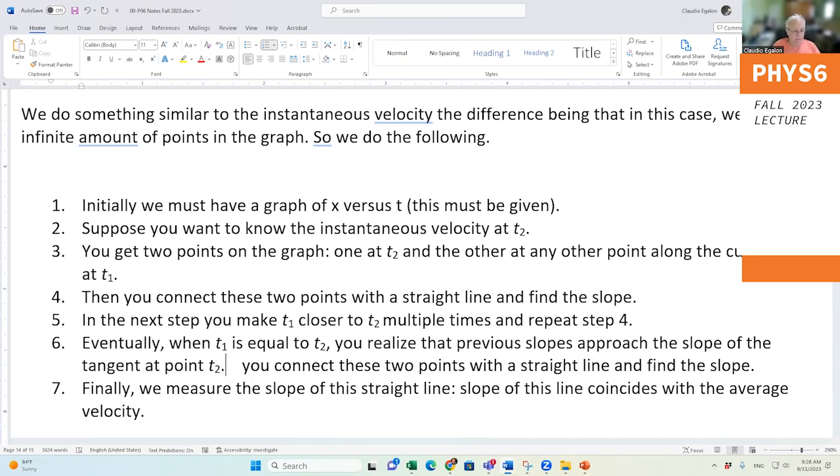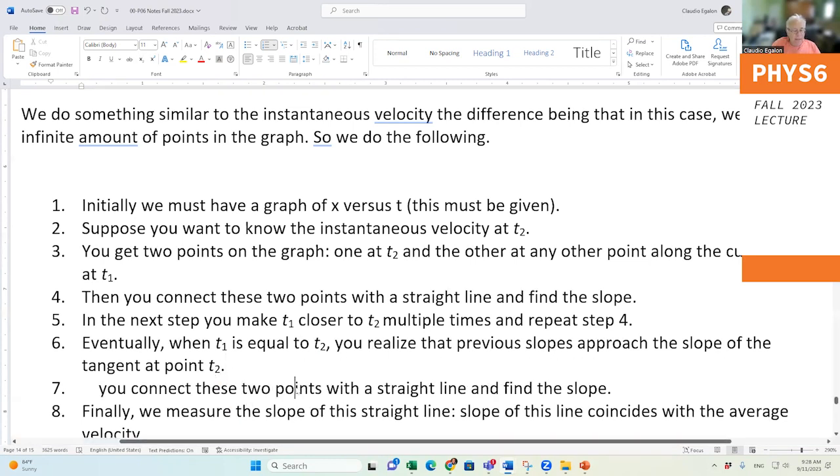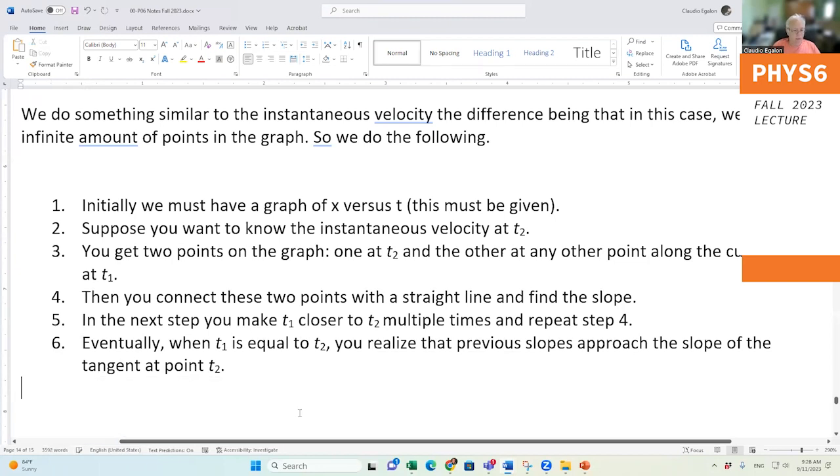Okay, so that's how you find out. That's another way of finding out the instantaneous velocity.